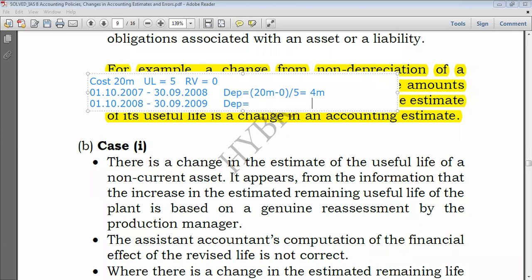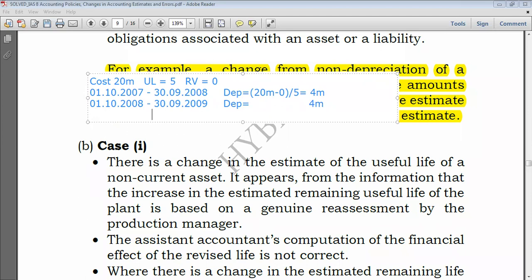Depreciation would also be 4 million, right? Depreciation will be 4 million, giving you a total of 8 million, giving you the accumulated depreciation of 8 million, just like this.